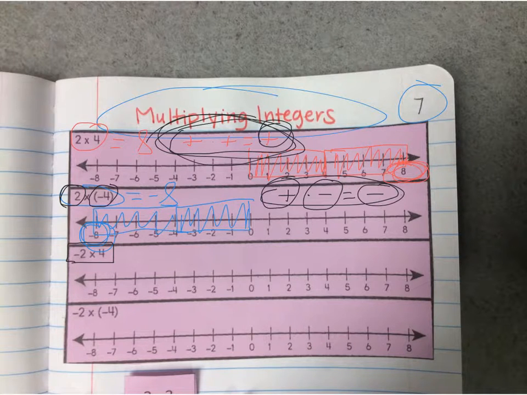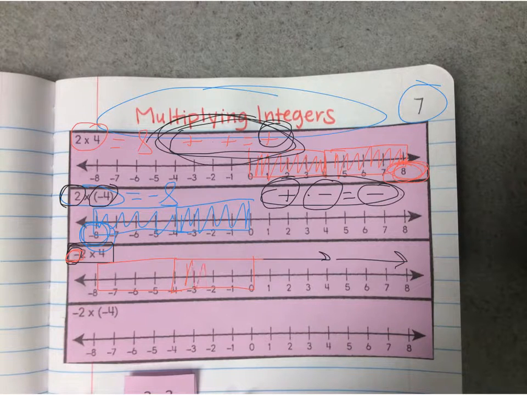Before, if I cover up the negative, I said before I would want 2 groups of 4. But I want the opposite of that. So 2 groups of 4 would have put me one group of 4, another group of 4. But I want the opposite of that. So the opposite of that is to go in the opposite direction. So I want 2 groups of 4, but in the opposite direction.